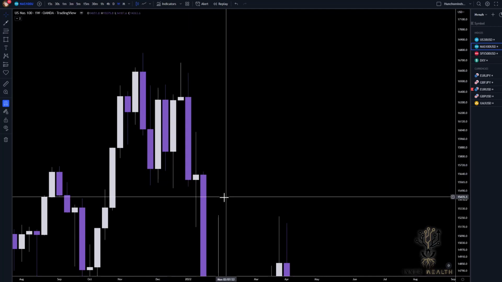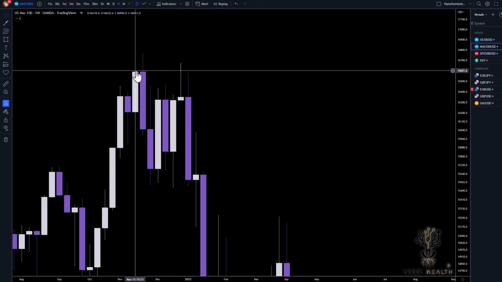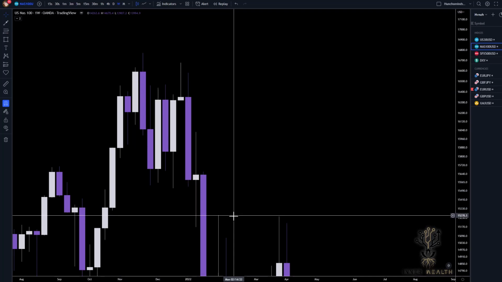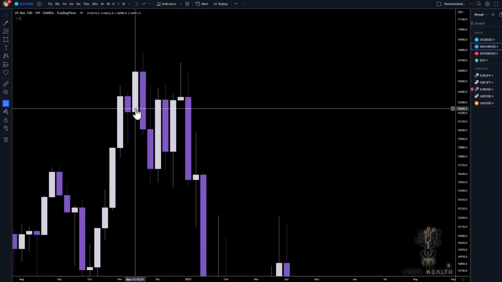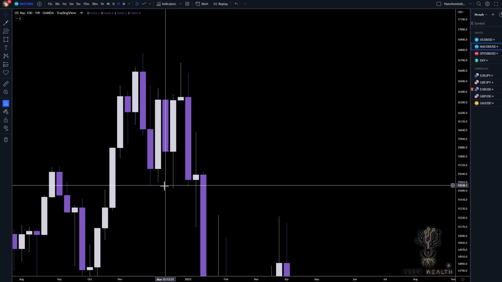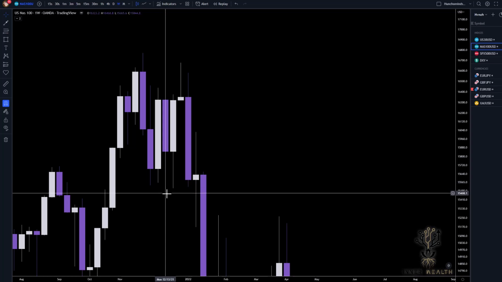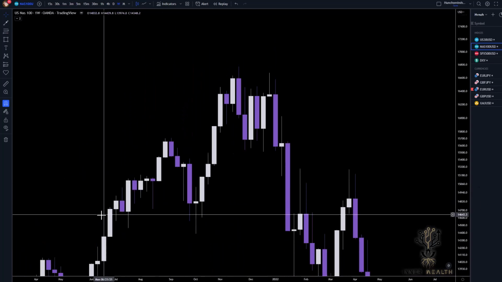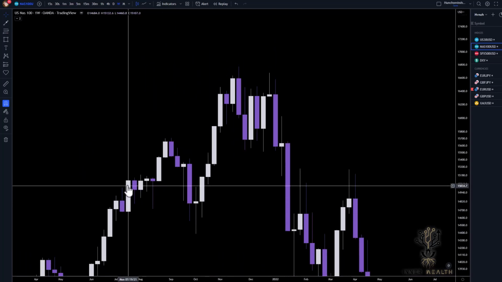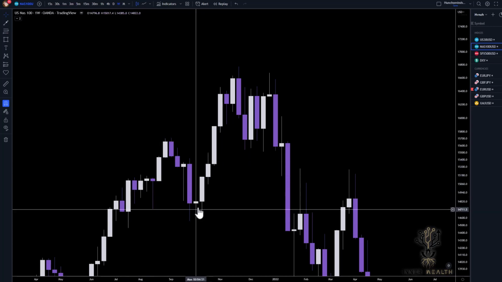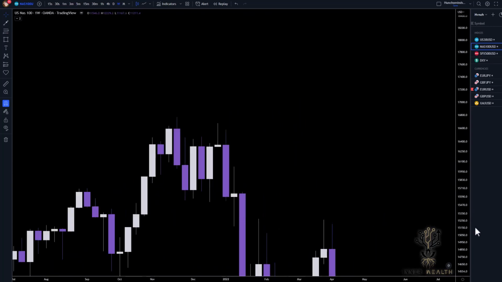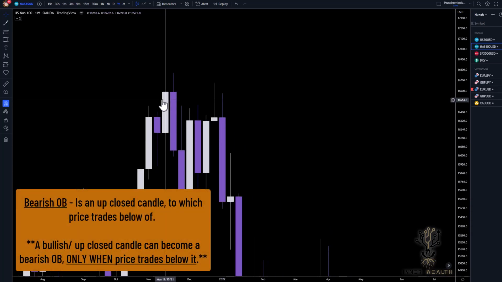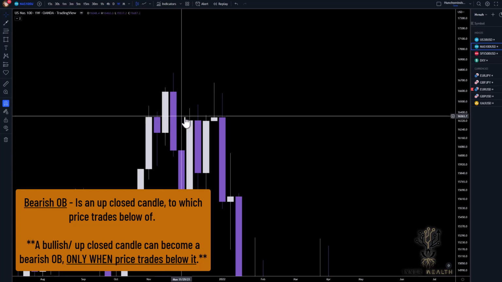What makes a bullish candle a bearish order block? The way you can differentiate it from any other bullish candle is when that bullish candle offers a change in price delivery.